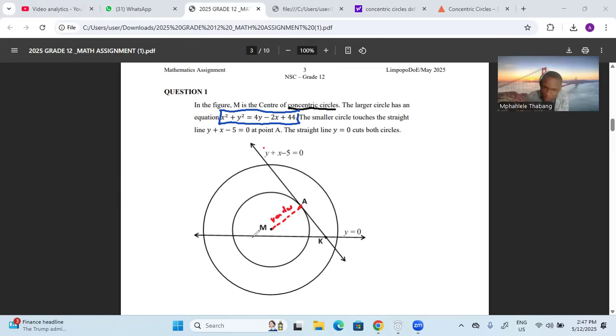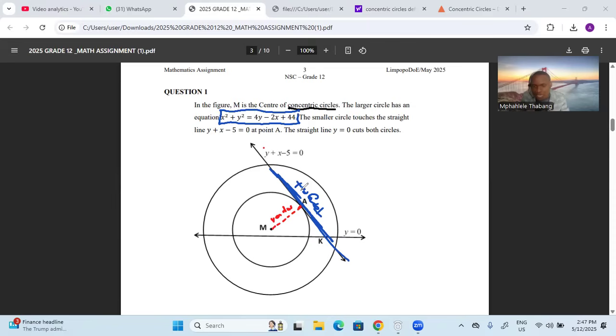So the straight line from M to A is a radius. And now we have this straight line that touches the circle only at one point, which I said is a tangent. So you have to understand the relationship between the tangent and the radius.